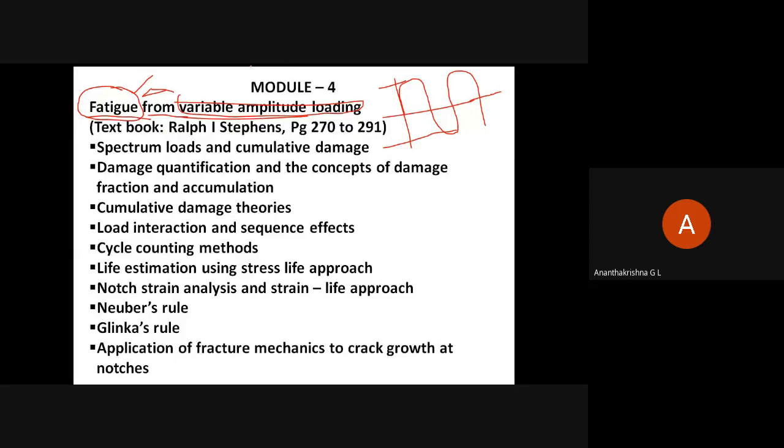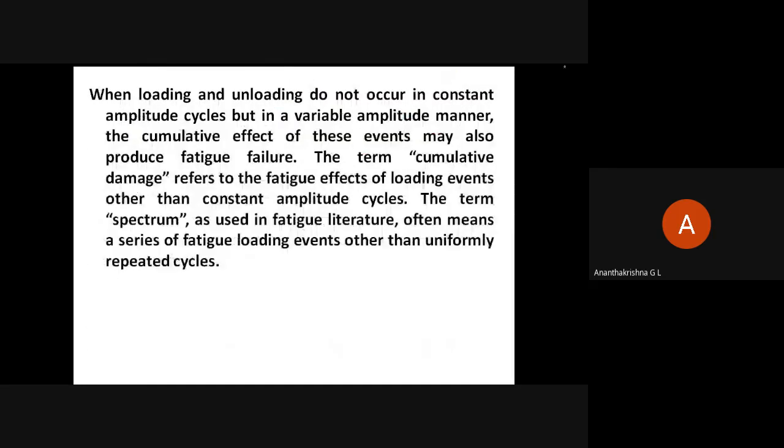study here. So when we say variable amplitude, it is when loading and unloading do not occur in constant amplitude cycles, but in a variable amplitude manner. The cumulative effect of these events may also produce fatigue failure.